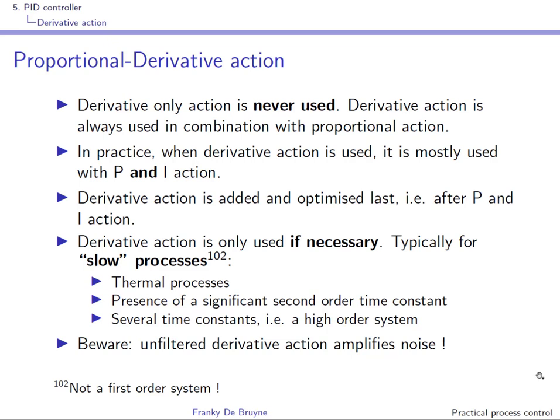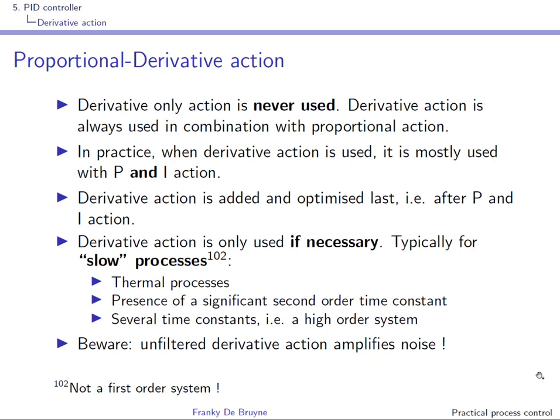You start with a PI controller, and if necessary, the derivative action is added. Derivative action is used typically for, between quotes, slow processes. What is meant by that is that there is a significant second order time constant, which means that this secondary time constant is larger than 1/10 of the main time constant.